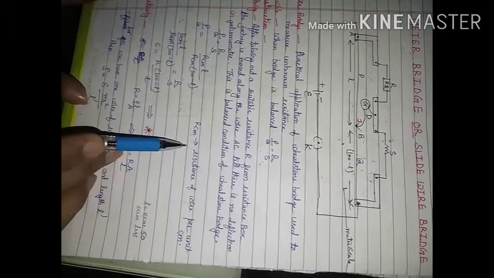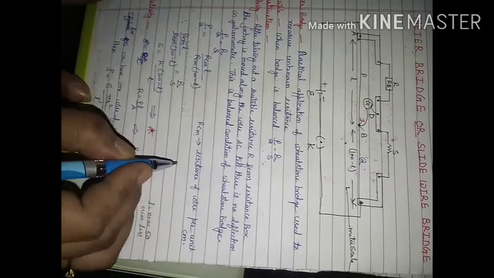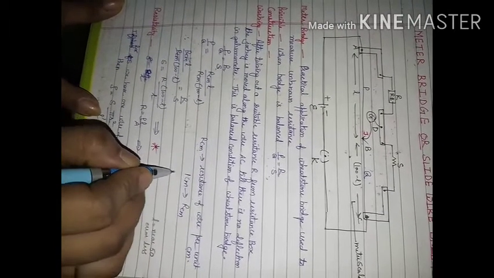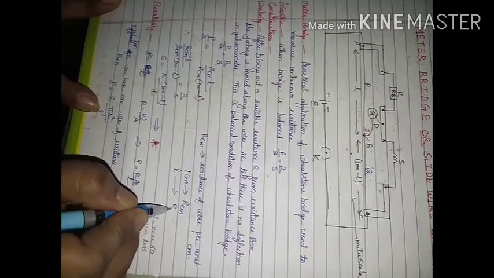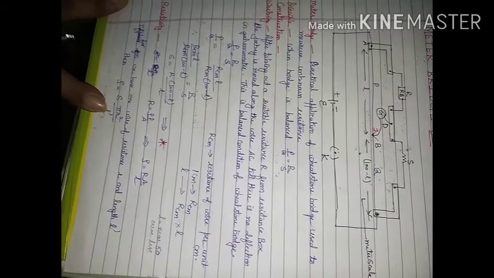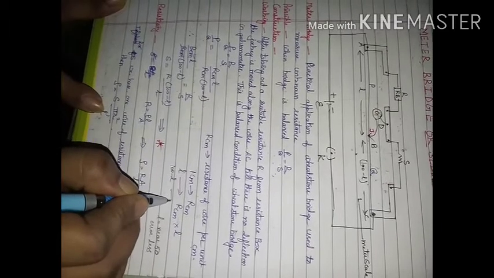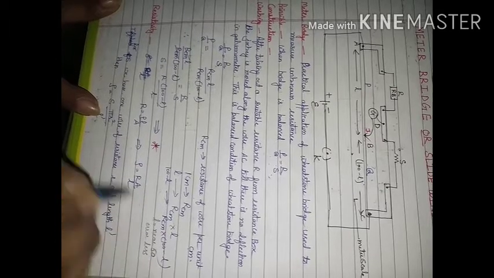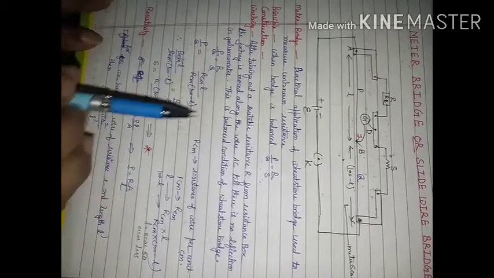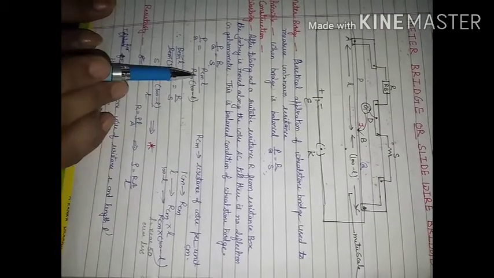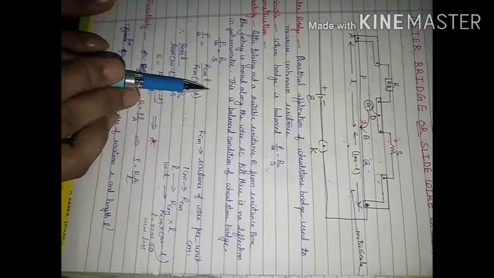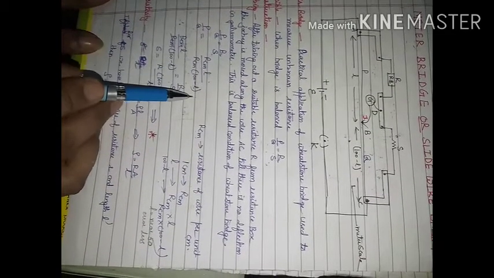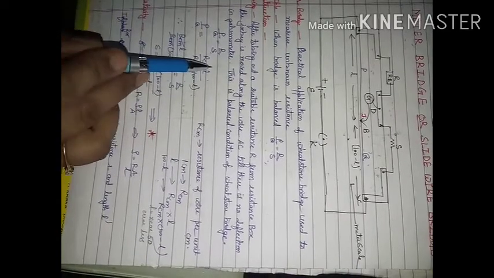If RCM represents the resistance of 1 centimeter, then if L is the length, the resistance will be RCM multiplied by L. If 100 minus L is the length, the resistance will be RCM multiplied by 100 minus L. So the value of P will be RCM into L, and the value of Q will be RCM multiplied by 100 minus L. RCM will cancel.